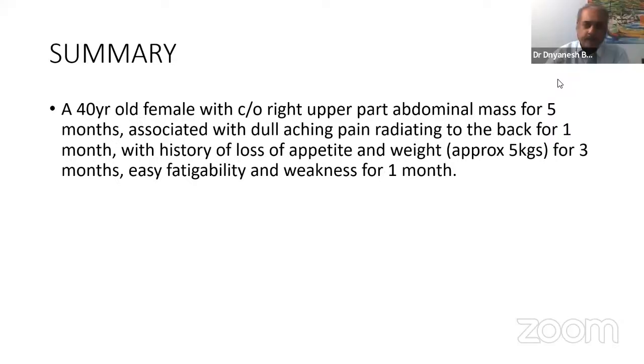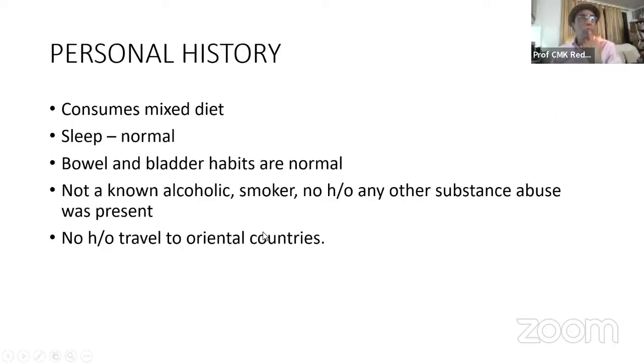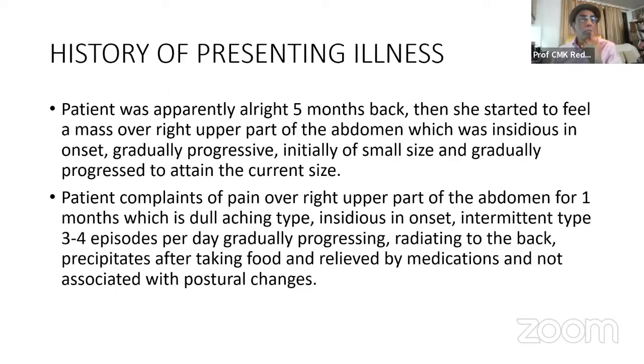Sir, can you go back to your second slide? When you are taking a history and presenting in the exam, as far as possible you should remain focused and avoid vague terminology.